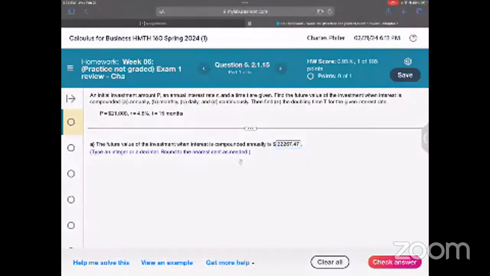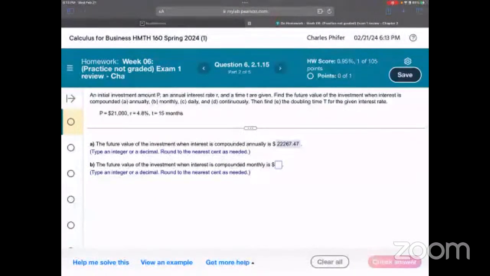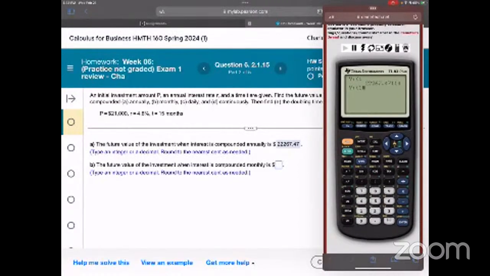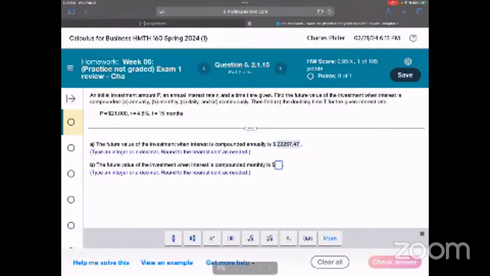If it's compounded monthly, now our N is 12. So we're just going to recall that function that we typed in, and instead of evaluating at 1, we're going to evaluate it at 12. That gives 22,295.90.